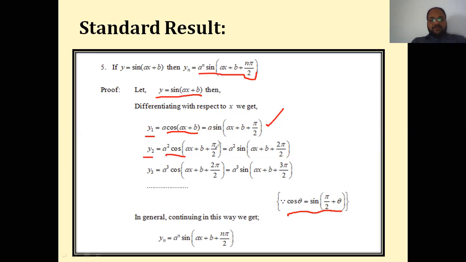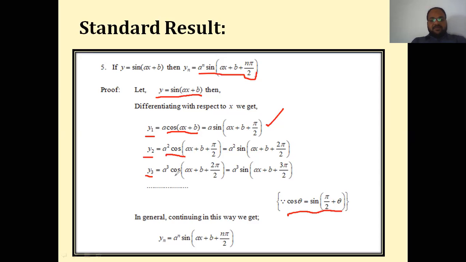This pi by 2 plus pi by 2 becomes 2 pi by 2. So y2 becomes a square sine of ax plus b plus 2 pi by 2. Now similarly you can find the third derivative. When you find y3, it simply becomes a cube cos of ax plus b plus 2 pi by 2.